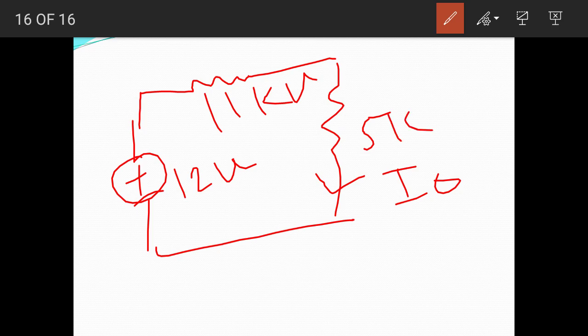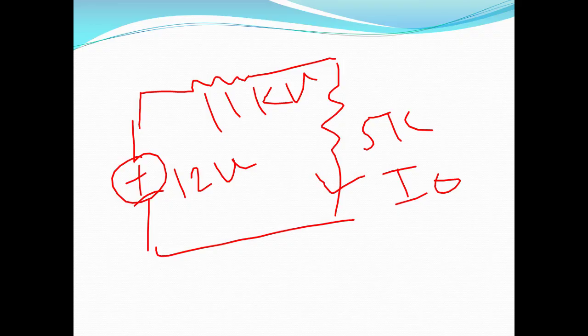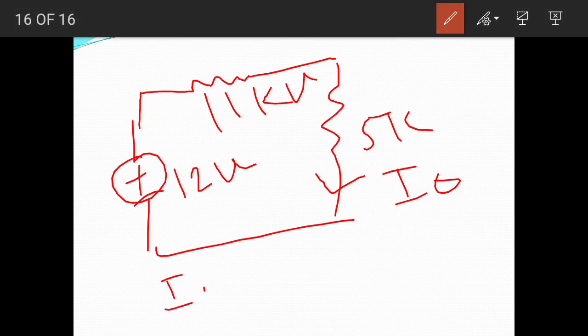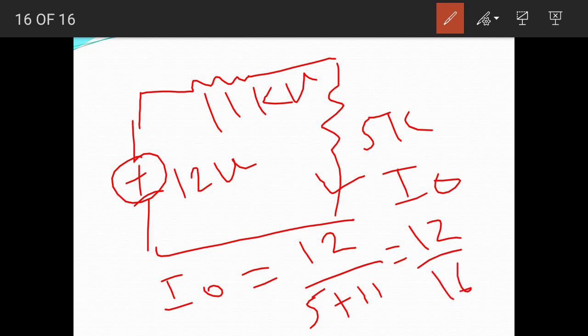I0 is V upon RTH plus RL. So I0 becomes 12 upon 5 plus 11, that is 12 upon 16, or 3 upon 4, which is 0.75 ampere. So the value of load current I0 is 0.75 ampere.